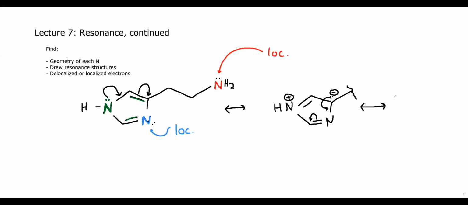That would give us HN, double bond here, negative charge here. And we could take this negative charge, put it down right here, take this pi bond, and drop it off there as a negative. Okay, so that would give us this structure over here.